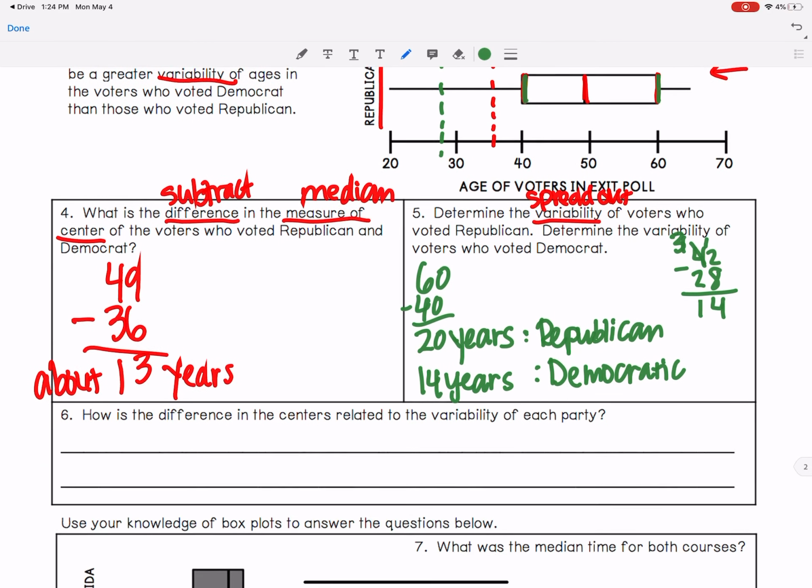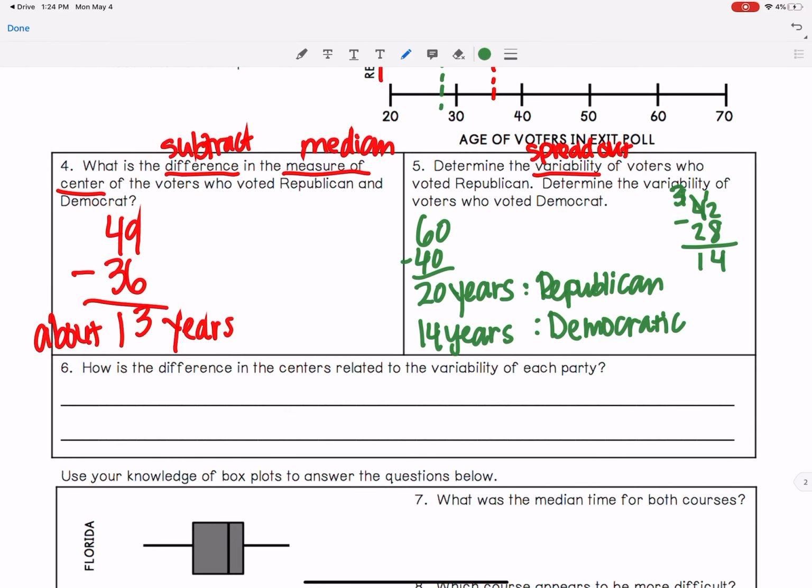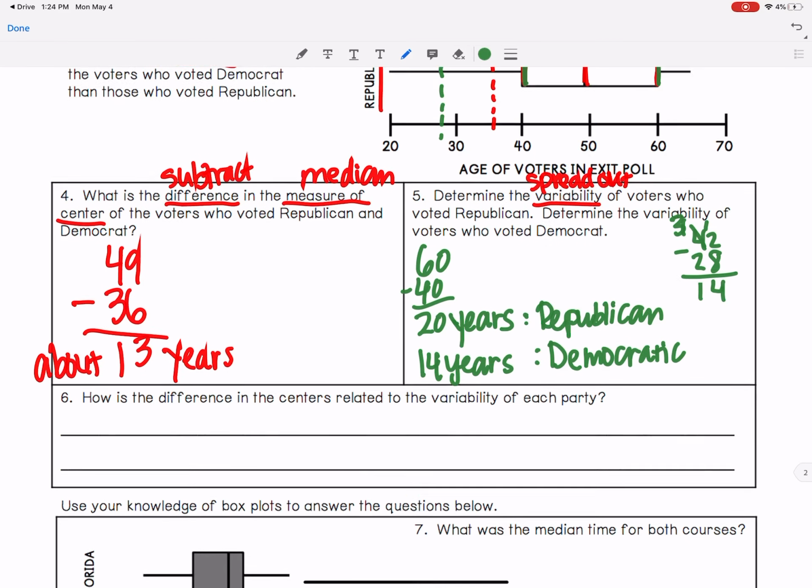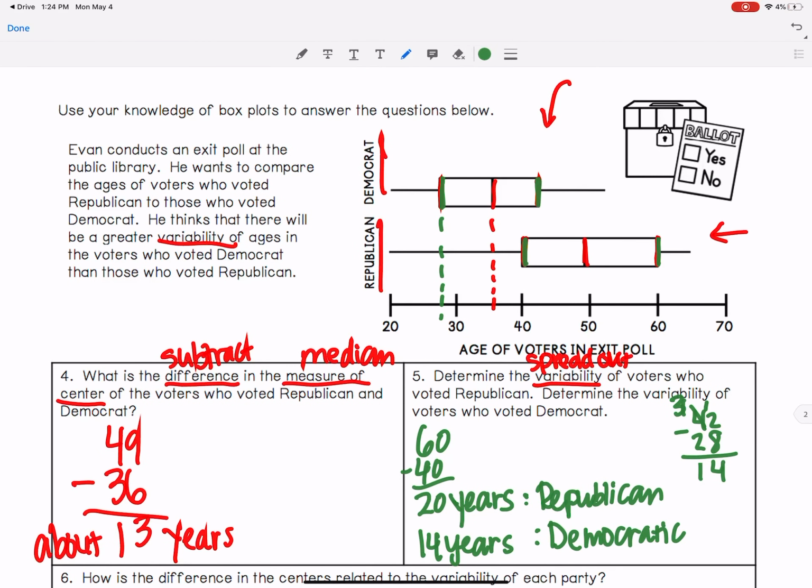Okay, awesome. So how is the difference in centers related to the variability of each party? Well, to begin, let's go back to the question, because it said Evan conducted this experiment, comparing the ages of voters between Democrats and Republicans, and he thinks there will be a greater variability of ages in the voters who voted Democrat than those who voted Republican.